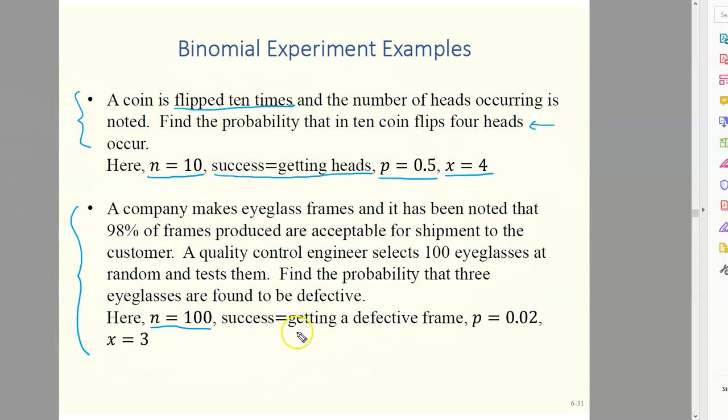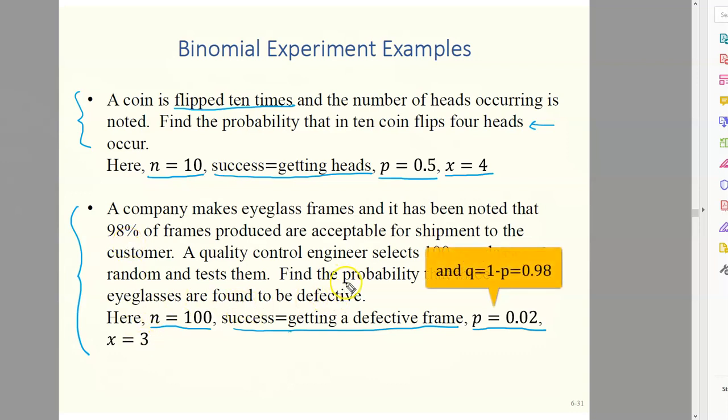Now in this case, a success is actually getting a defective frame. That's what we consider to be a success in this case. A success doesn't necessarily mean a good thing for these problems. The probability of success, that is getting a defective frame, is 0.02, so that's what our p is going to represent. We get that from 1 minus 0.98.